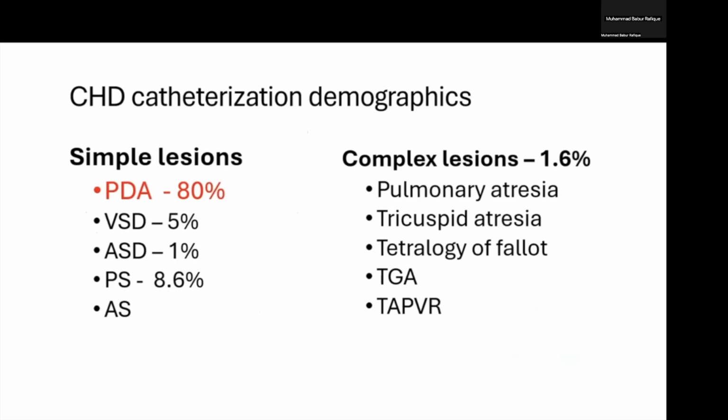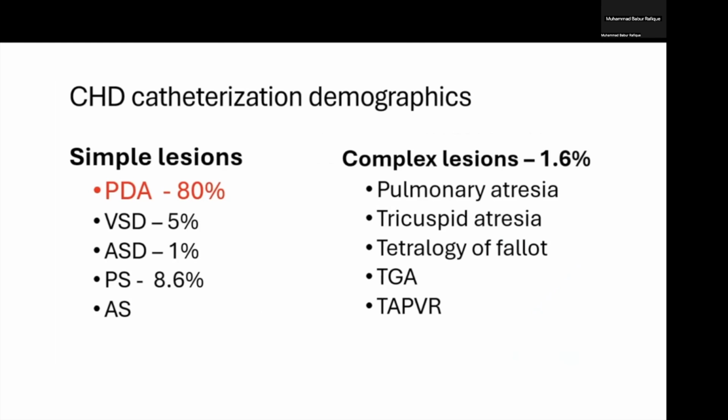So I presently work in one of the hospitals in the Philippines, and our cardiac cath demographics are as follows. We have mostly simple lesions, such as PDA, which comprise 80% of our census, VSD device closures, which is 5%, atrial septal defect about 1%, and pulmonic stenosis, which is about 8.6% of our patients.